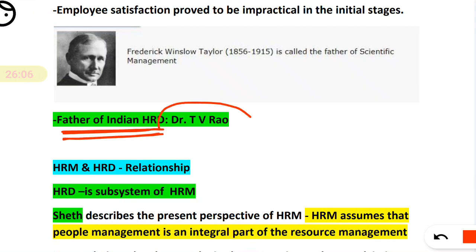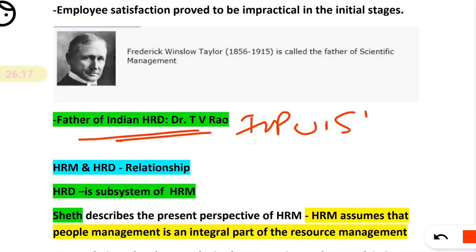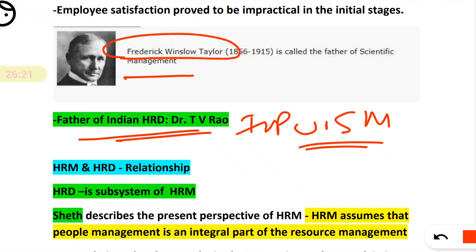Dr. T.V. Rao is the father of Indian HRD. Okay, that is also an important bit. A one-liner MCQ for 0.5 marks can be asked. Father of scientific management, Frederick Taylor, and father of Indian HRD, Dr. T.V. Rao.